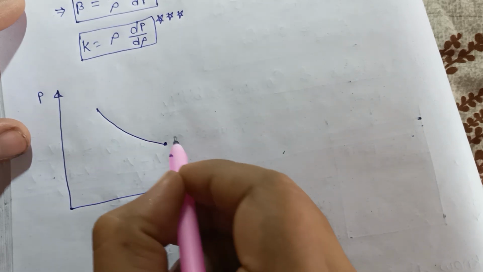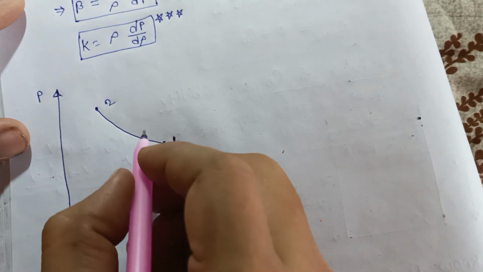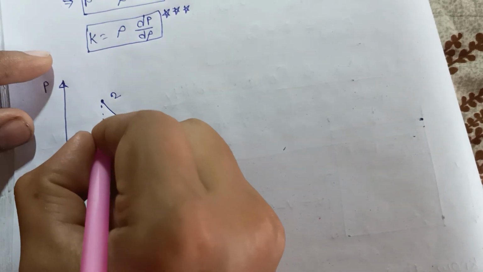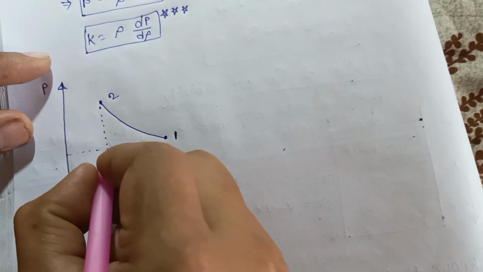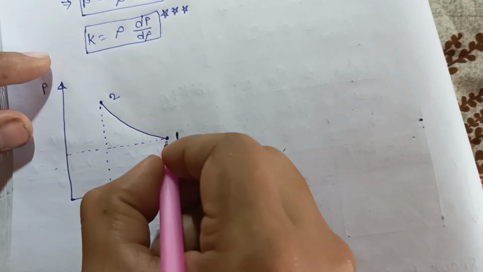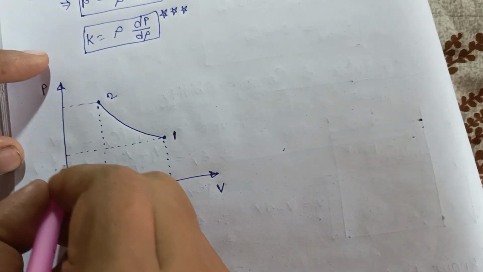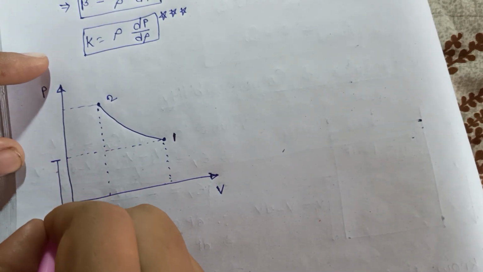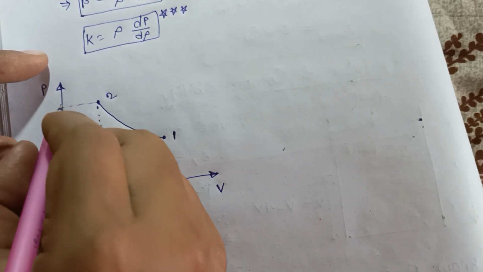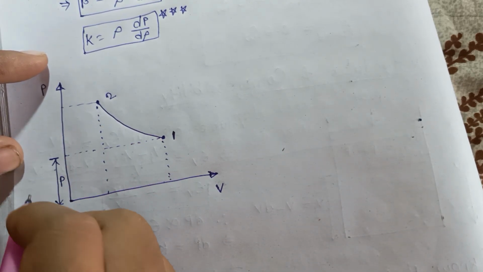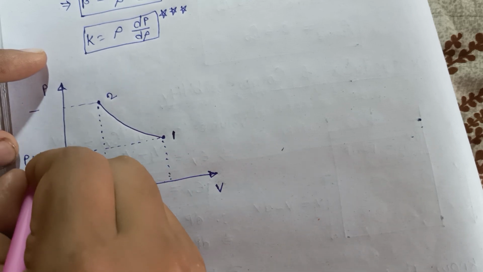This is state 1, this is state 2, the 1 to 2 process, and there is also a dotted line. So P is our initial pressure, and this is the final pressure, that is P plus dP.